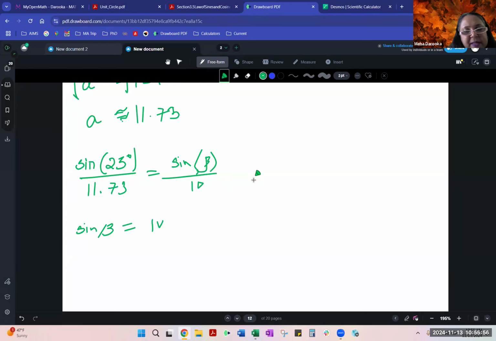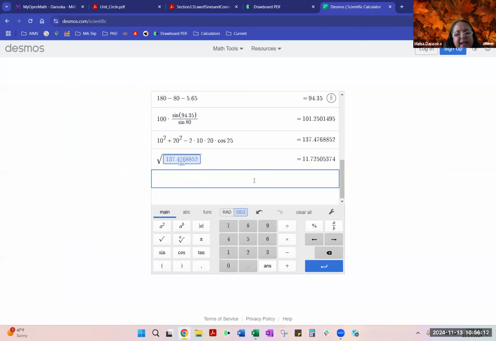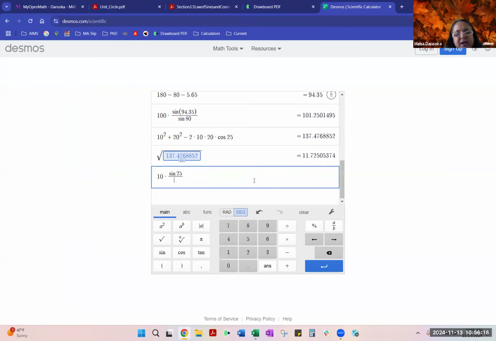So let's do the initial calculation over here. We would end up multiplying 10 with sine of 25 degrees divided by 11.73. So let's see what that comes out to be. 10 times sine of 25 divided by 11.73.